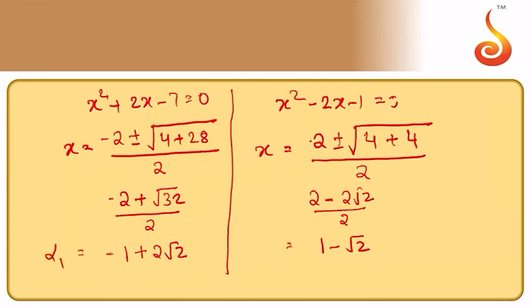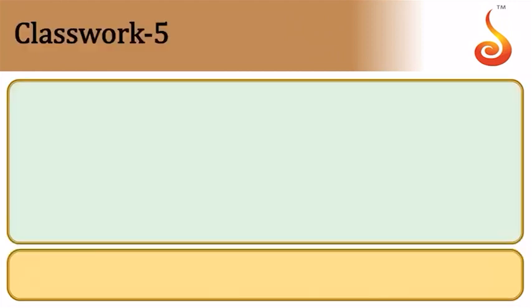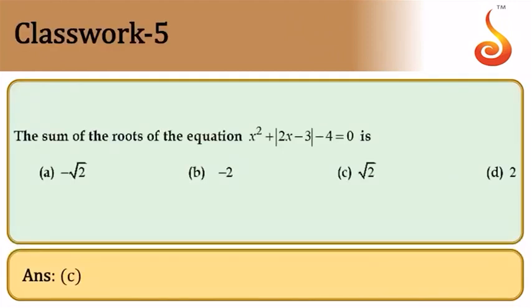So here we have to take 2 minus 8, that is 2 root 2 by 2. We take 1 minus root 2. So this we say alpha 1, this is alpha 2. If we add these roots, alpha 1 plus alpha 2, we get root 2. Root 2 is the correct answer.